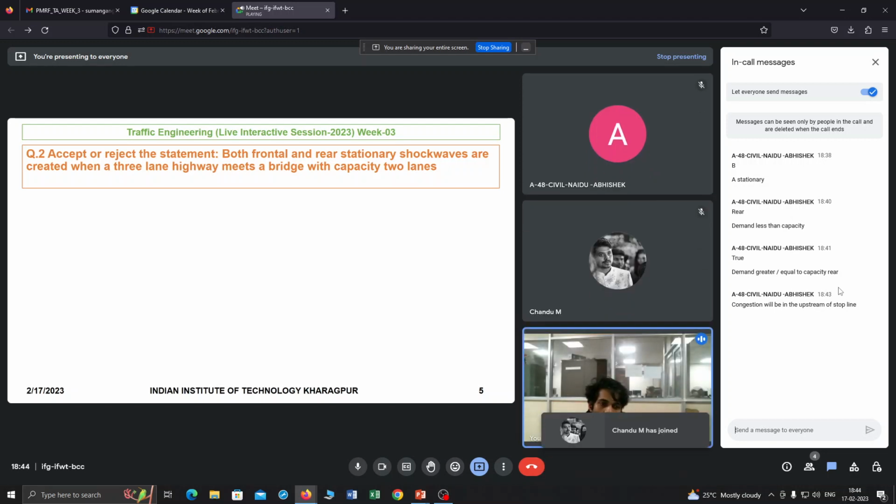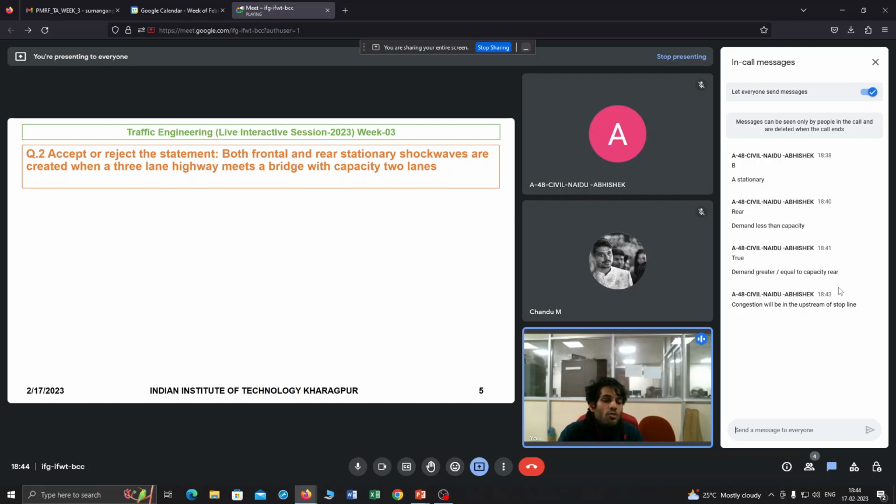Congestion will be in the upstream of the stop line. Congestion will be in the upstream of the stop line only whenever demand is greater than capacity, not equal. Mostly whenever it is greater than capacity, there will be congestion in the upstream of the stop line, right?